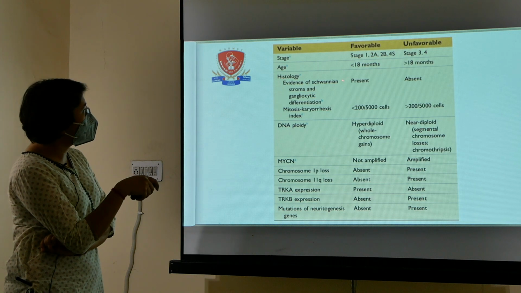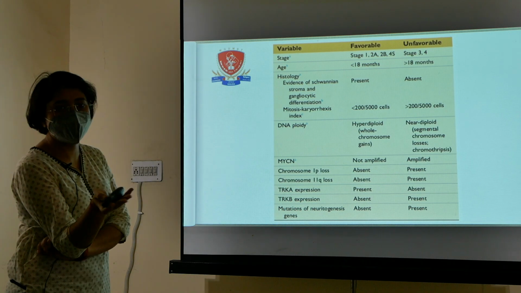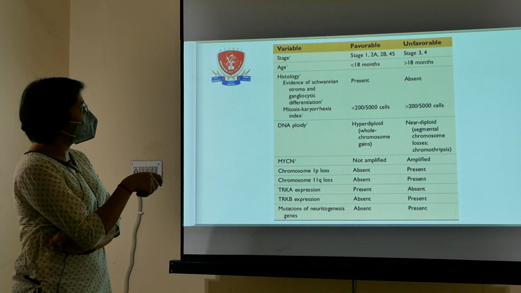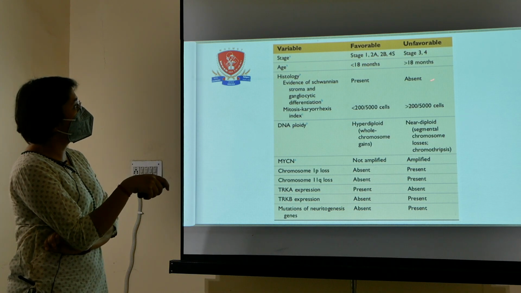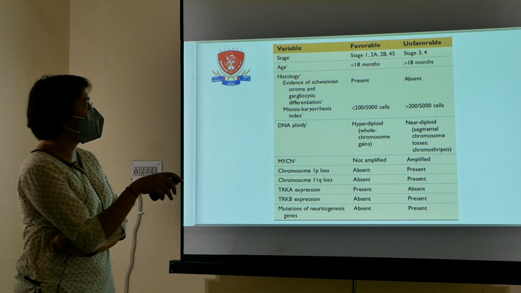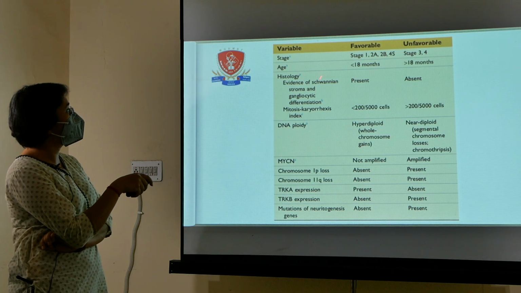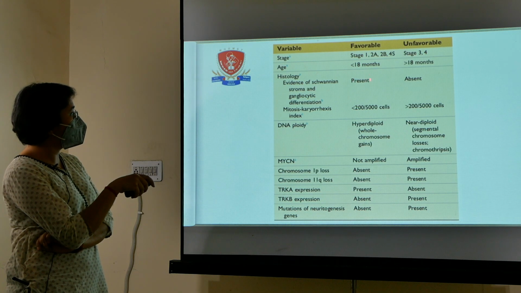In age group, neuroblastic tumors happen by 9 or 10 years of age, but the median age is 18 months. If the child is less than 18 months, the prognosis is very favorable. If it is more than 18 months, the prognosis is unfavorable. And in histology, as I have already told you, presence of Schwannian stroma and ganglion cells is a favorable prognosis. So just remember this.